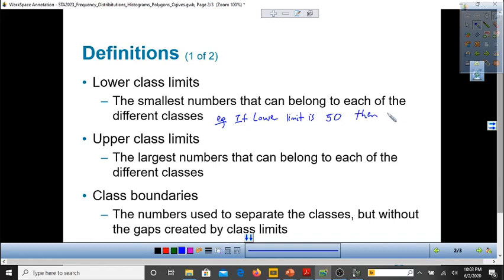A value of 49 or lower cannot be in the class, and the class will not include 49.